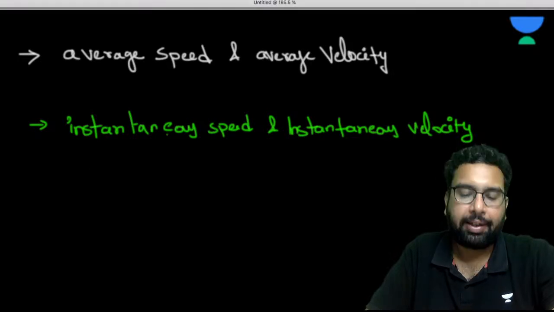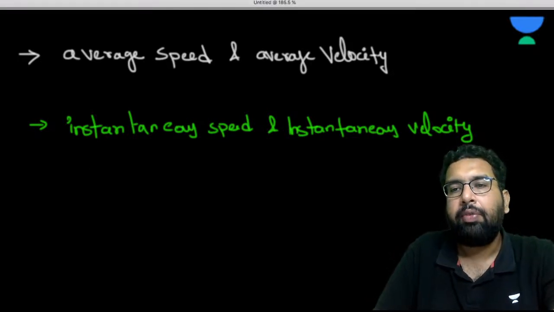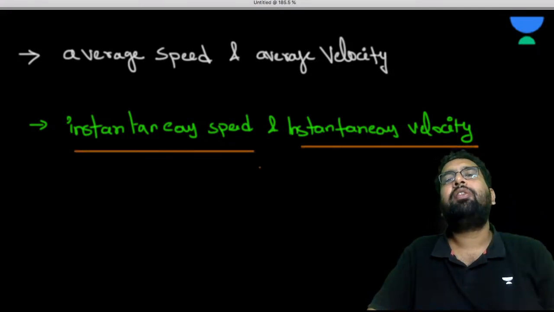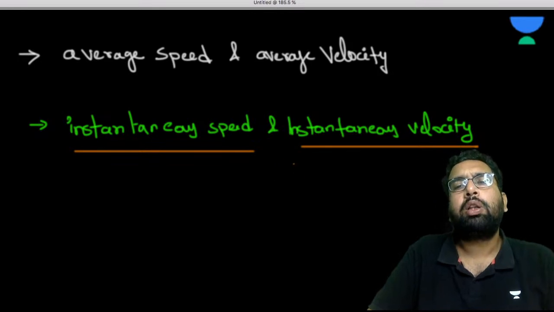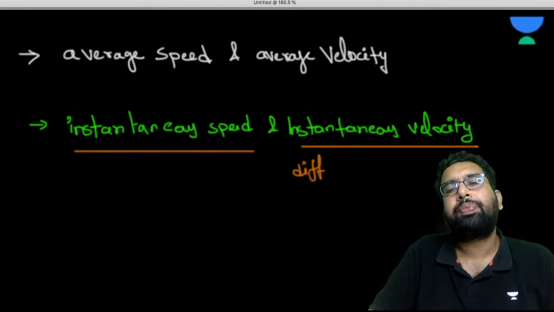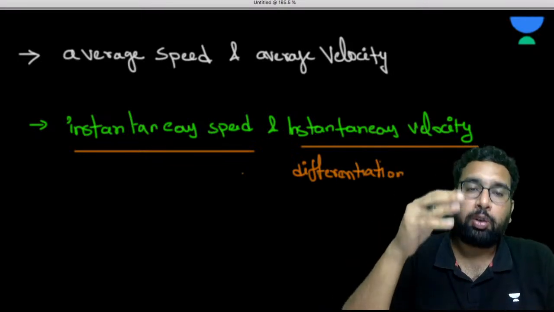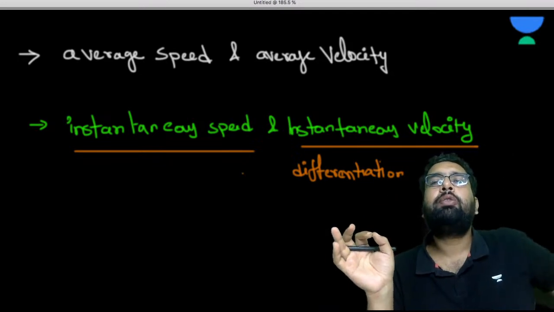Another is instantaneous speed and instantaneous velocity. For instantaneous speed and velocity, we require a little bit of the concept of differentiation. So firstly I'll deal with average speed and average velocity.